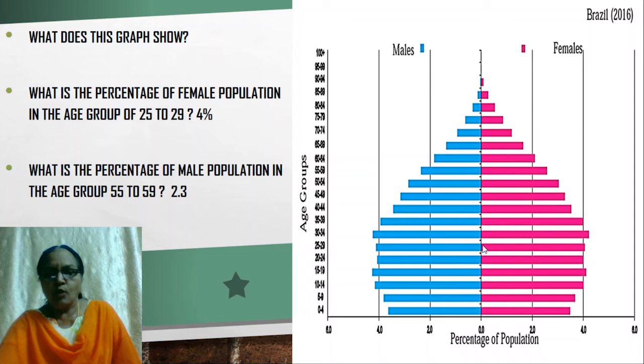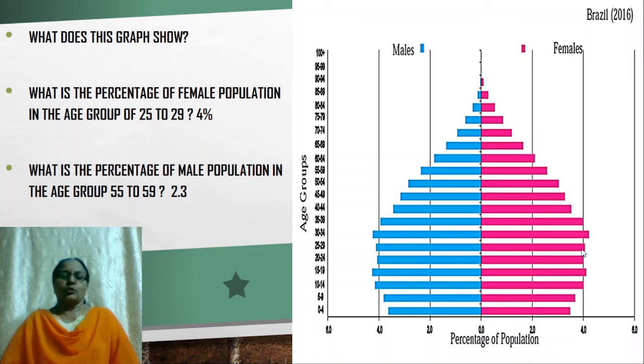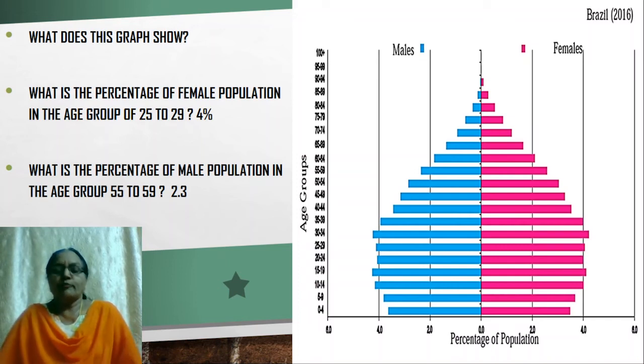So how much is it? It is slightly more, or you can say it is at 4. So here it is 4%. So the percentage of female population in the age group of 25 to 29 years is 4%.